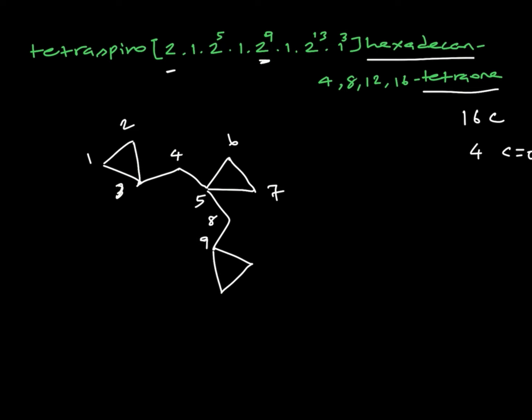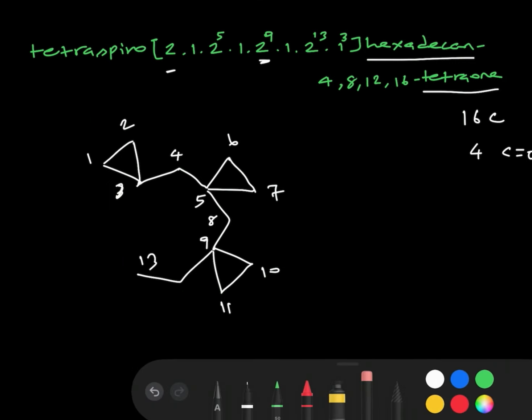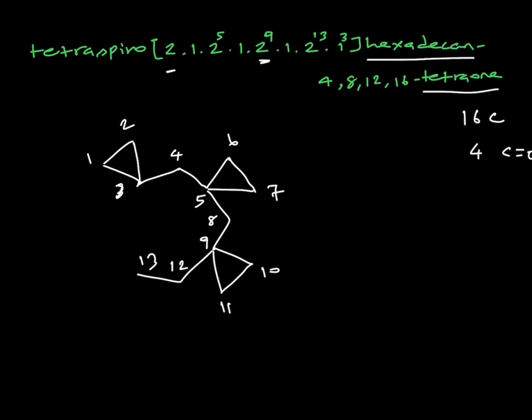So 10, 11, again 1, that means 1 carbon. So 9, 10, 11, 12, this is 13, this is 12.